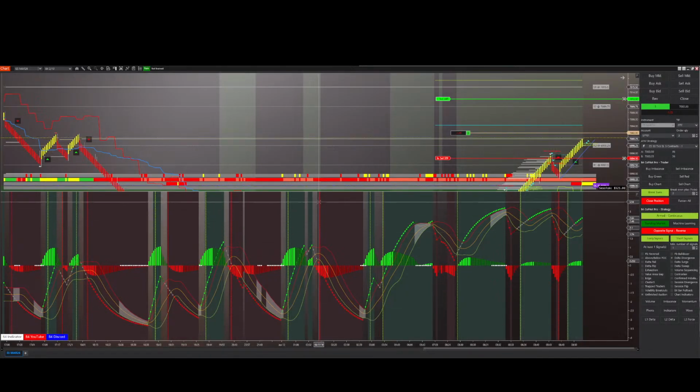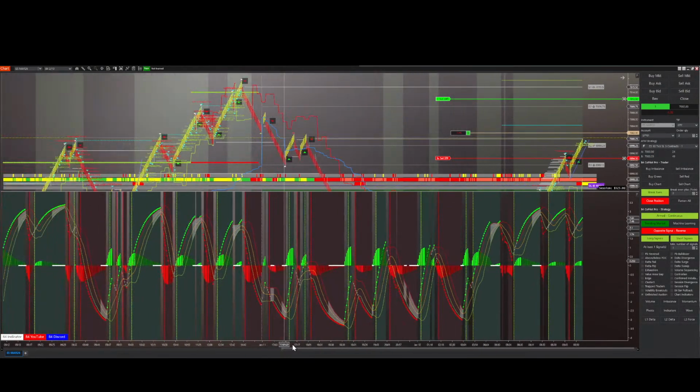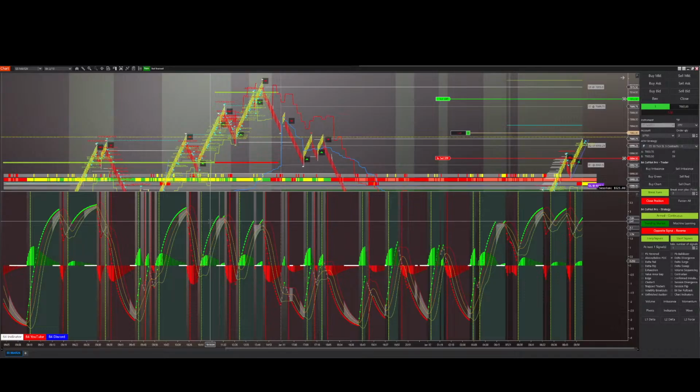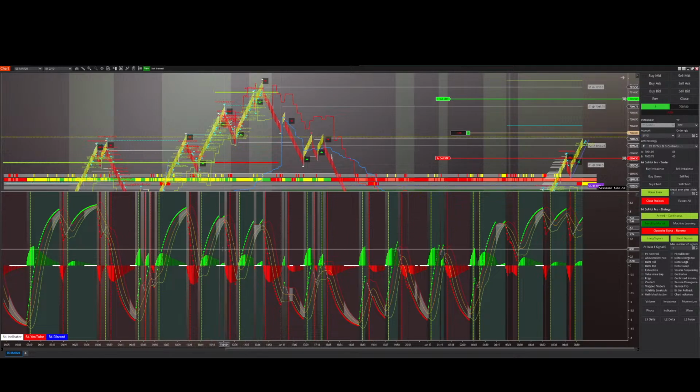Same thing on the +3. Let's look at the +3. Just kind of pull it across there. Yeah, there's positives there. Hey, that's pretty good. And then the zero line is for your pullbacks.